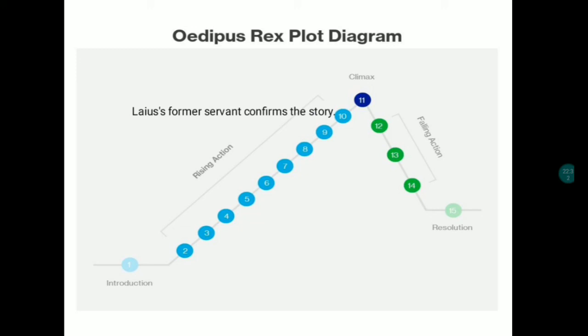He confirmed that he had given Oedipus to that messenger, and the messenger gave him to Polybus. Now everything is clear. So we are going to the peak point, the climax.